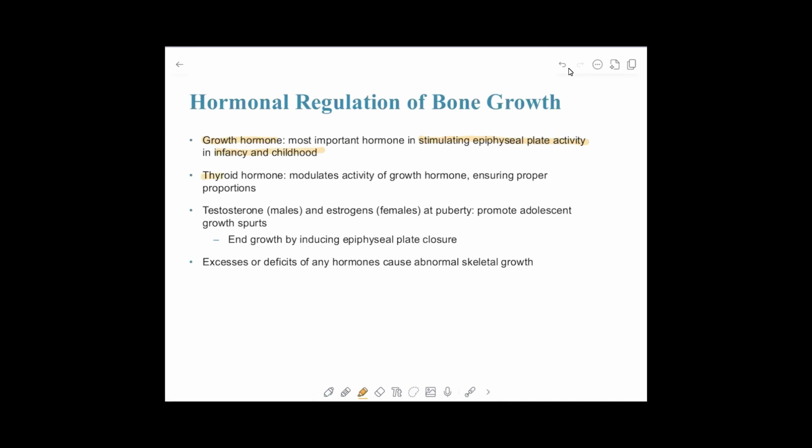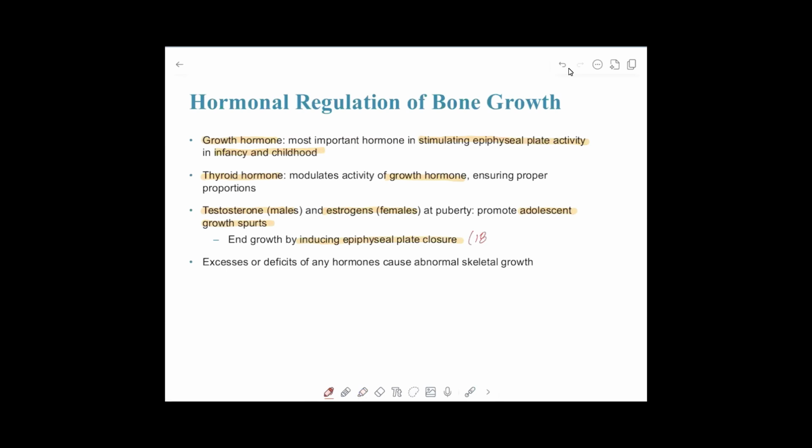The thyroid hormone can actually modulate the growth hormone, ensuring proper proportions. And instrumental hormones in this, as you could probably guess, are the sex hormones. So we have testosterone in males, estrogens in females. At puberty, this promotes adolescent growth spurts and can end growth by inducing epiphyseal plate closures.